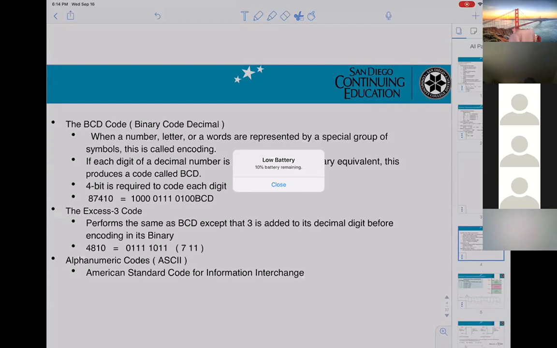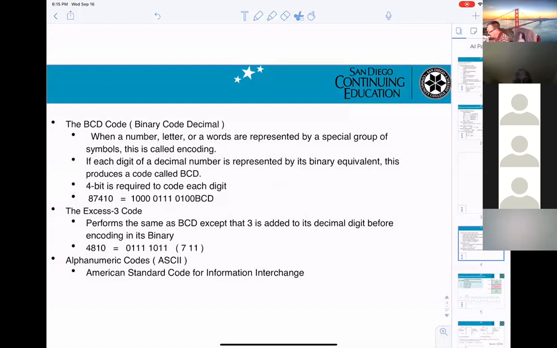So this time you can see we don't have much left. We have a lab on how to do it and how to troubleshoot. Mr. Pham, was there something on your side that said the battery was low?